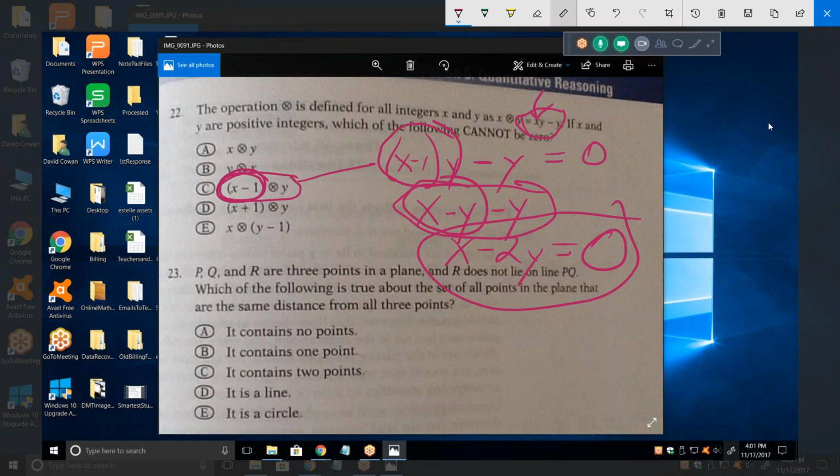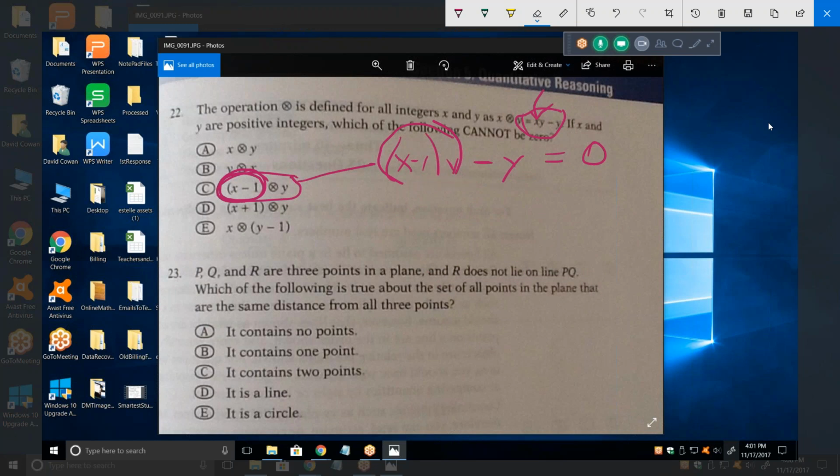Oh, hold on, I didn't do it right. Let me do it right. First of all, if I distribute that, I get xy minus y, minus another y equals 0.